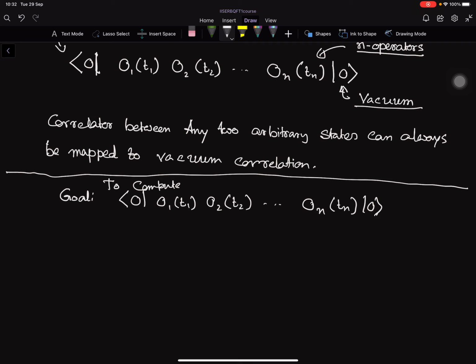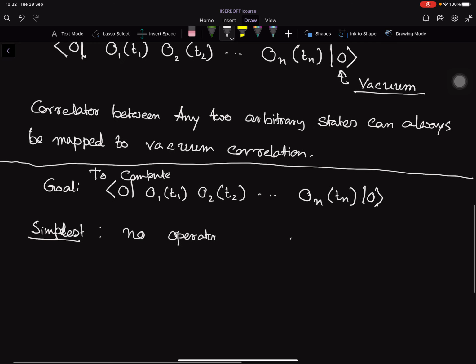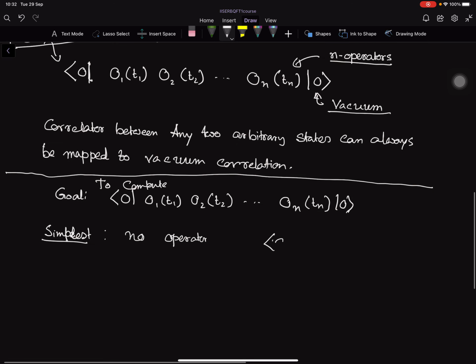In the simplest example, with no operator, this is simply 1.